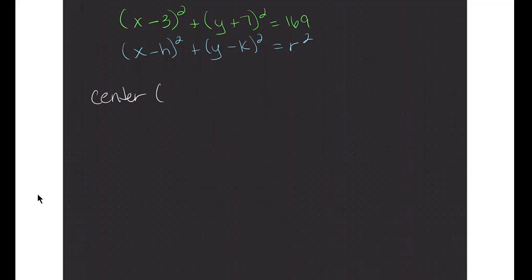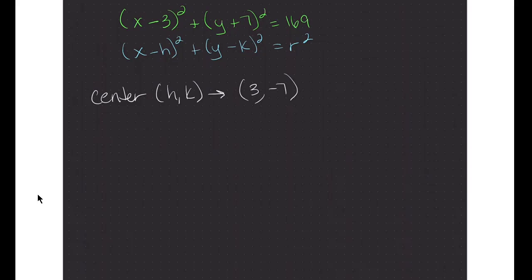So we know our center is (h, k). So in our problem, our h is going to be 3, and our k is going to be -7. It's always going to be like the opposite.